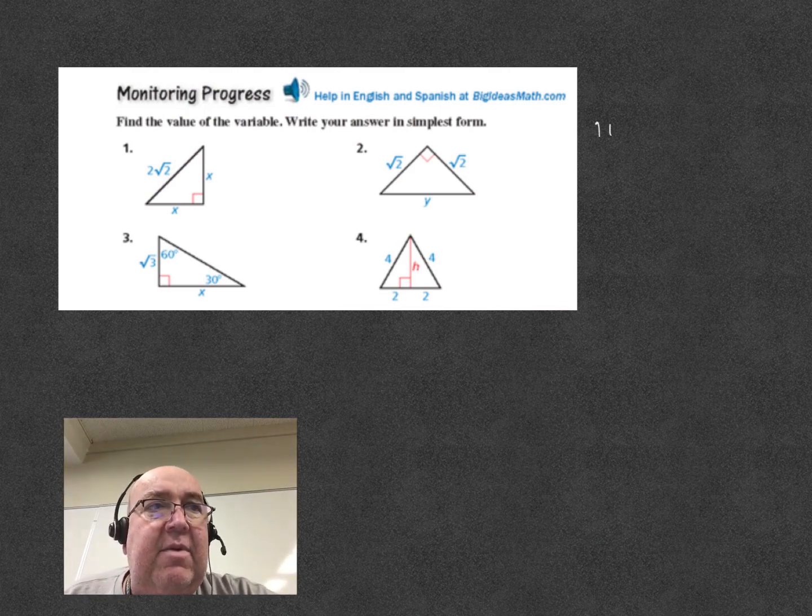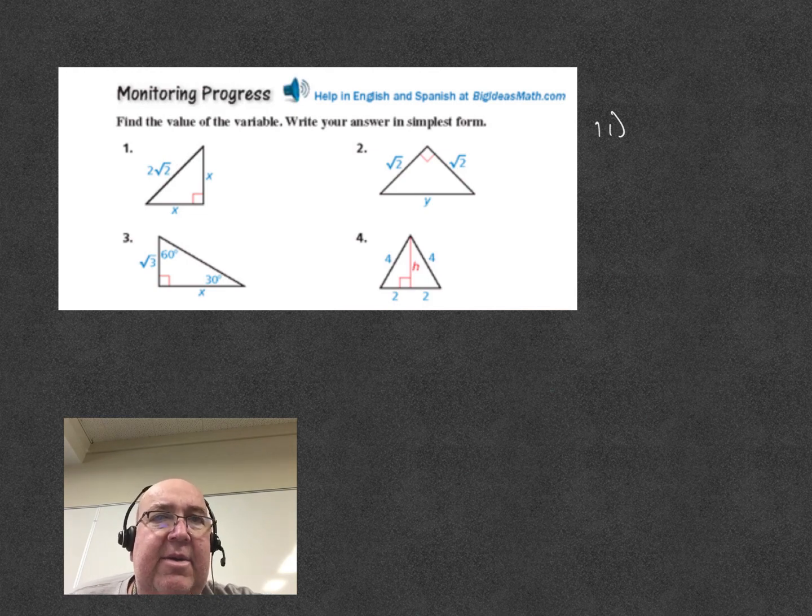Alright, so number 1, our hypotenuse is 2 square root 2, so that means that this is a 45, 45, 90 triangle. That means that x is equal to 2.